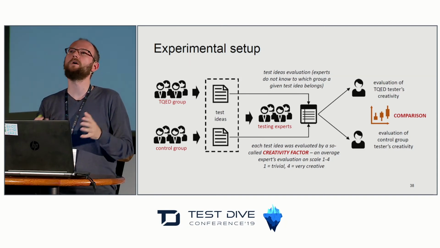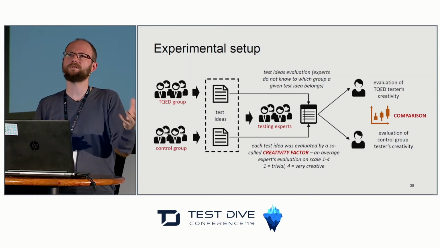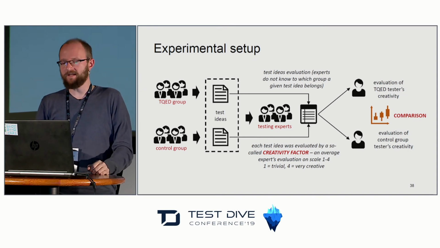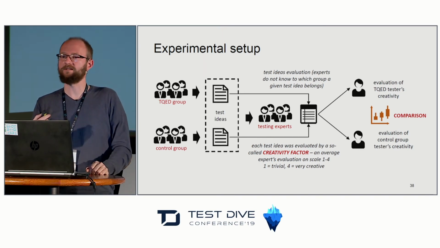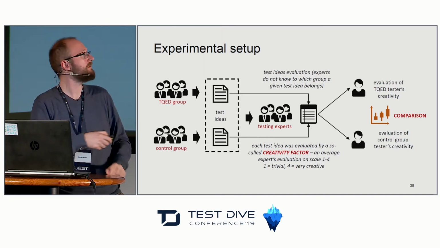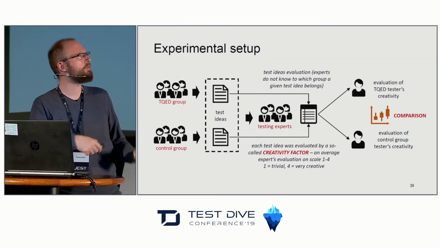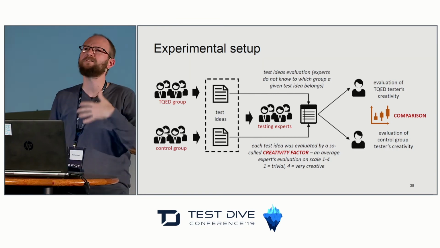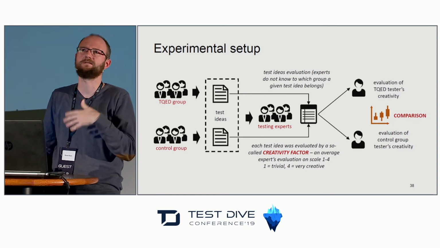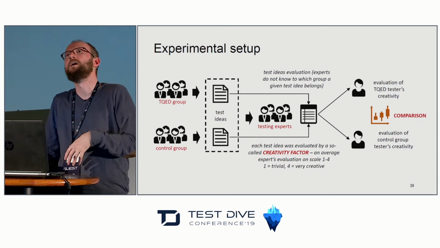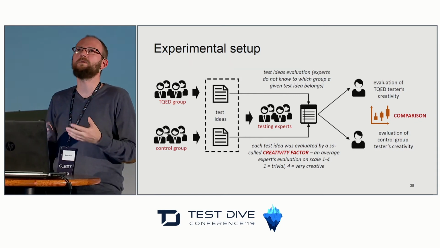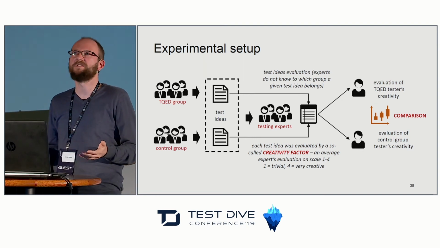They did not know which test idea was created by which group. And their task was to evaluate these ideas on some scale from 1 to 4, where 1 meant it's a trivial thing, anyone can invent this, it does not really check anything, it won't detect any serious bug.